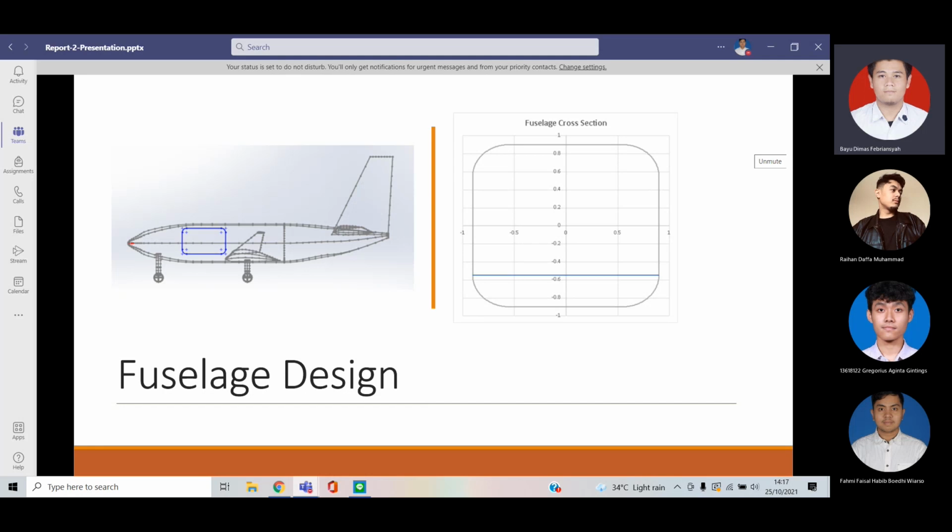On the cross section, we can also see that there is a floor. The floor is just above the fillet of the fuselage, and under it there will be other components, but above the floor is purely cargo area. Next.